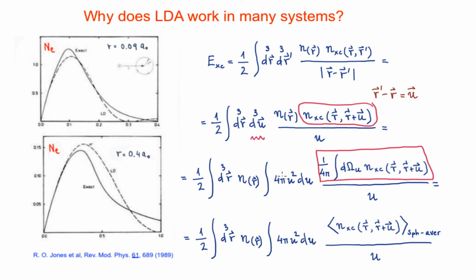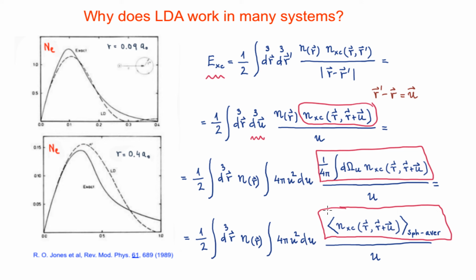Here we are multiplying by 4 pi and dividing by 4 pi in order to have an average, because basically what we have here is a spherical average, with respect to the angle of the u vector, of the exchange and correlation hole. In order to be the average, you just divide by the value of the integral of the solid angle, which is 4 pi. So writing it another way, the exchange and correlation hole can be written in this way, where here you just have the spherical average of the exchange and correlation hole.